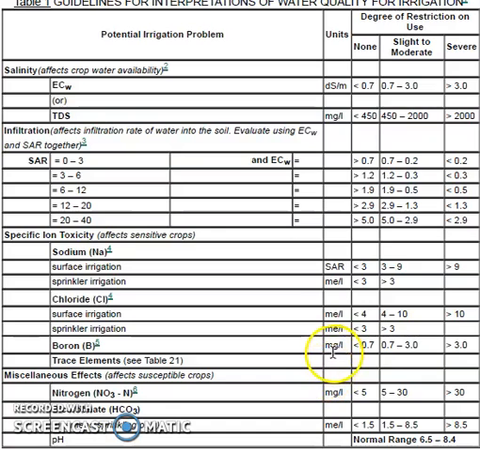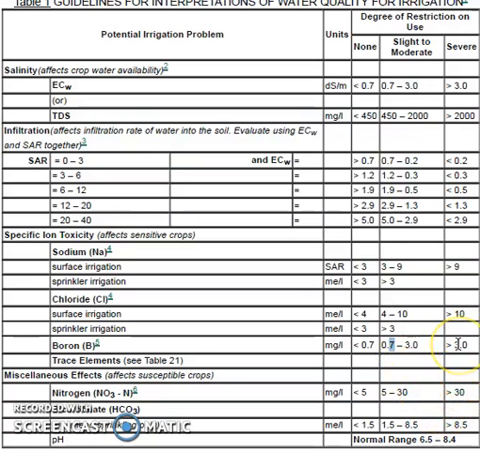So I would like you to imagine that a plant can tolerate chloride and sodium at a high quantity, while with boron, even traces may cause toxicity. So if you have a boron concentration from 0.7 to 3, you have slight to moderate restriction.